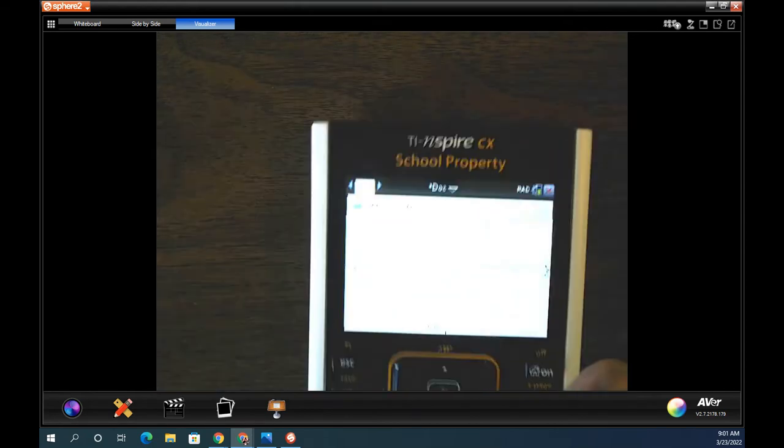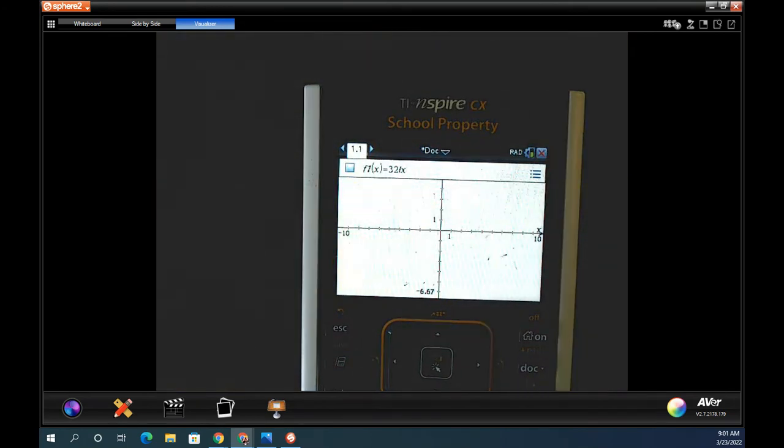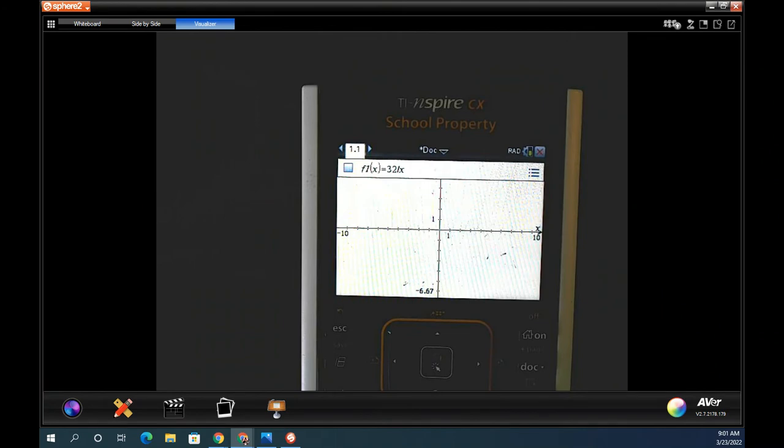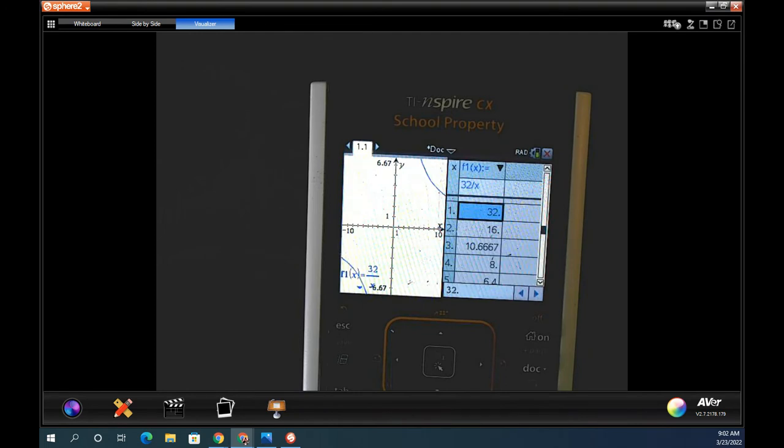Let me move it because y'all can't see it. Oh, now it's focused. All right. You hit enter. We don't care about the graph. We want to go to our table. So we hit Control T. And now we're just going to look at our table.